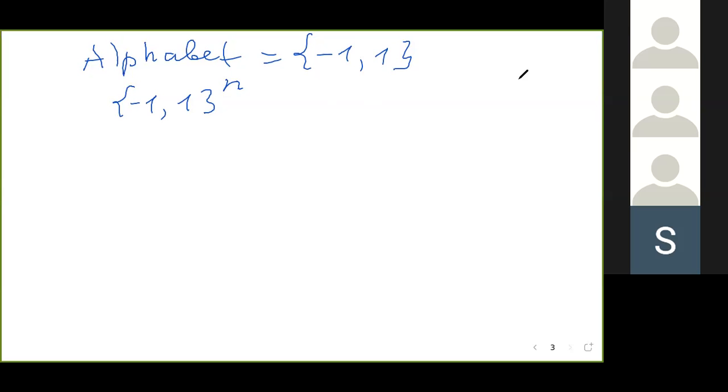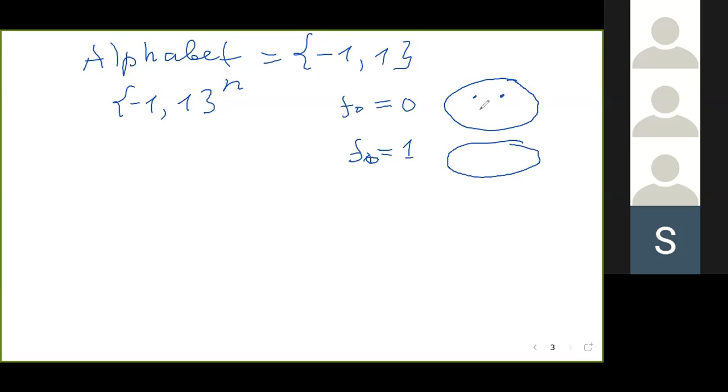So let's divide them into groups. The code words which correspond to an affine function where f0 is 0, and the second group where the constant term f0 is 1.